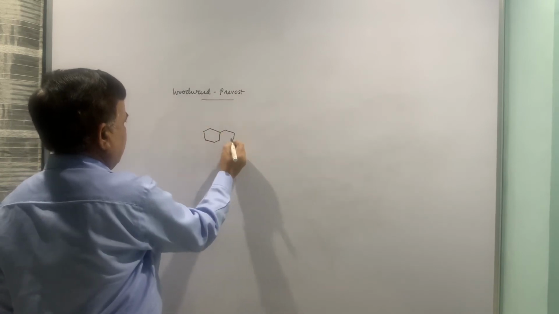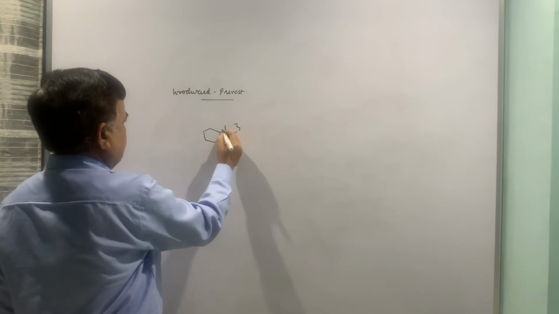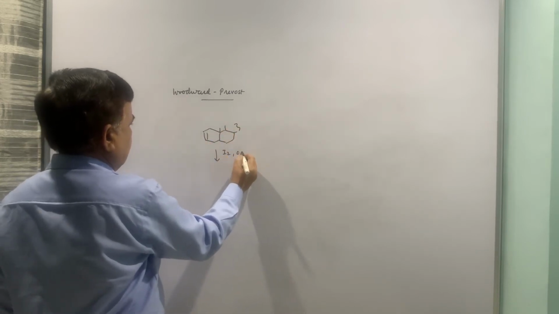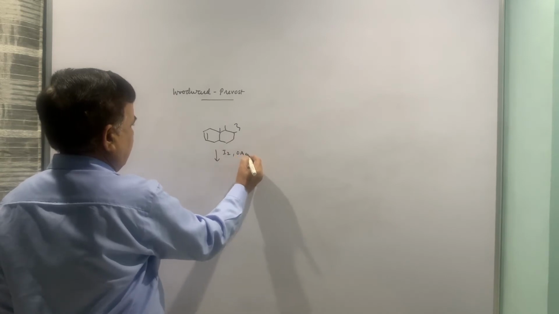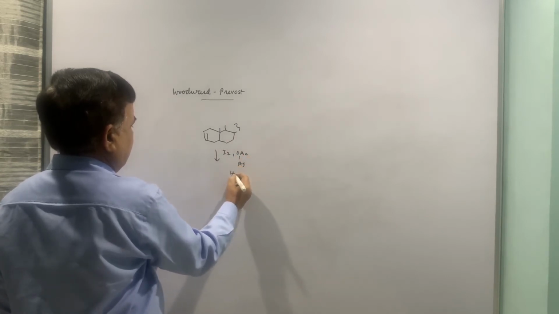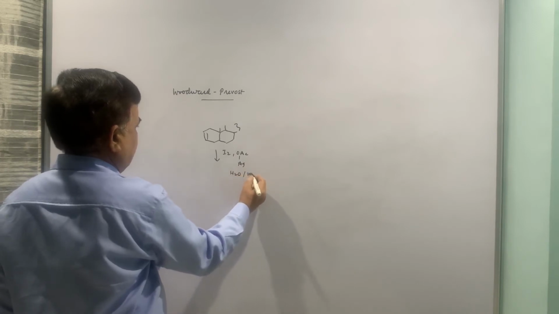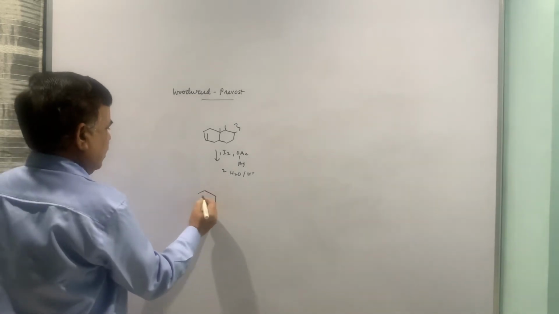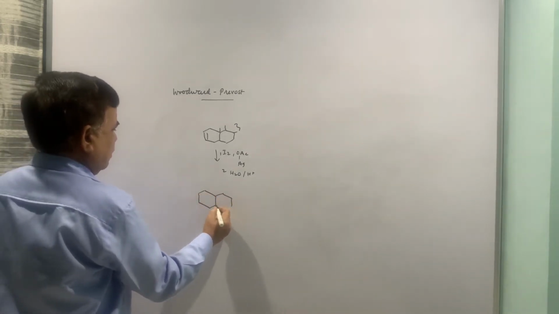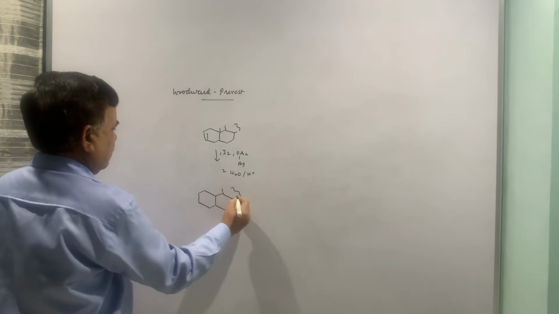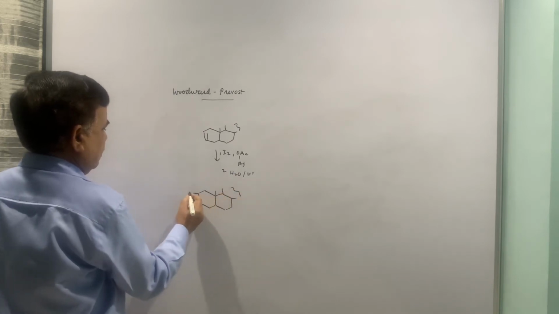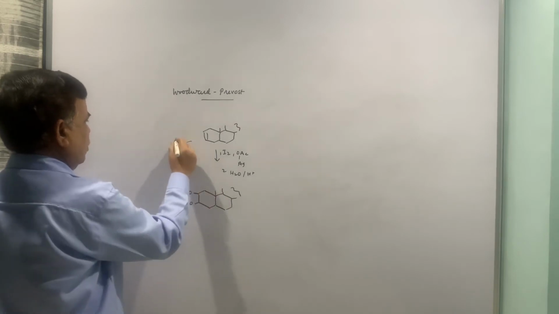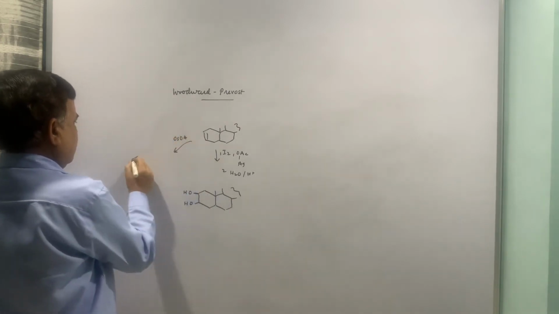Woodward-Prevost hydroxylation: iodine, silver acetate, and water. This is first, second, and you get the formation of diol.